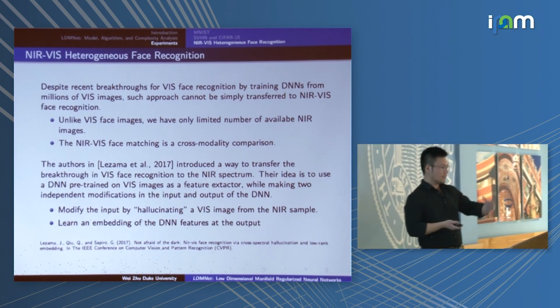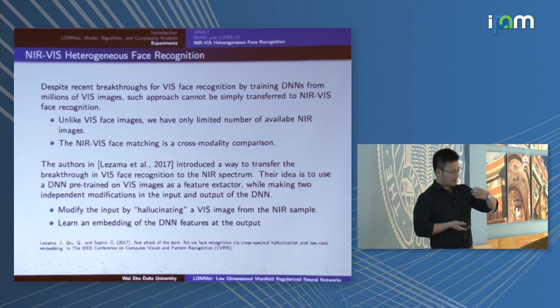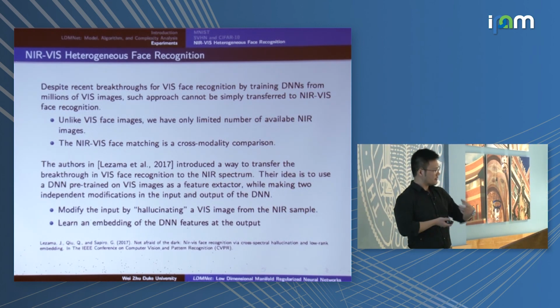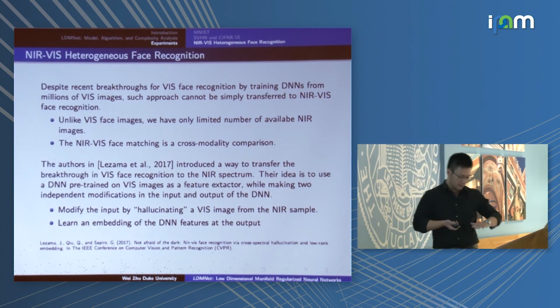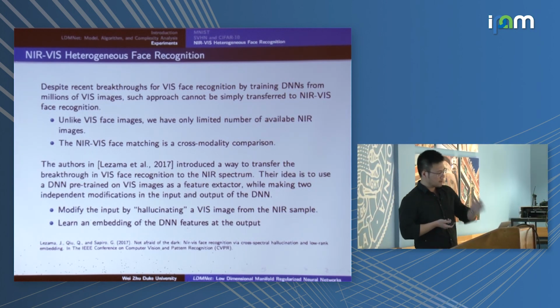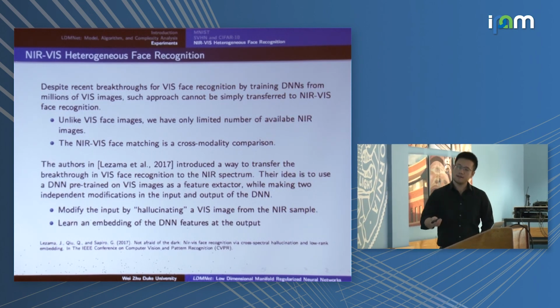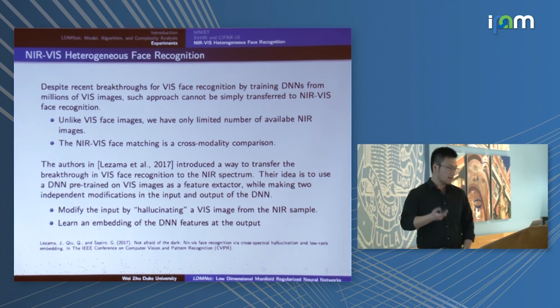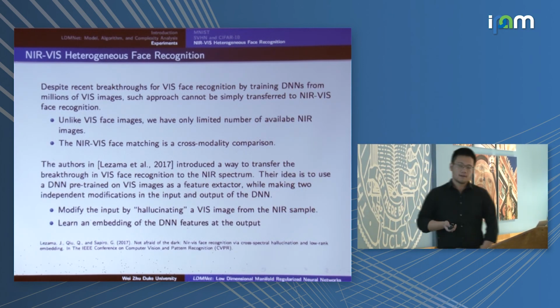They extract matching patches and then hallucinate a visible light image by using a patch-based CNN. So you can hallucinate a visible light image using the near-infrared image, and the visible light image is input into the CNN, and then the next step is to learn an embedding of the DNN feature at the output.